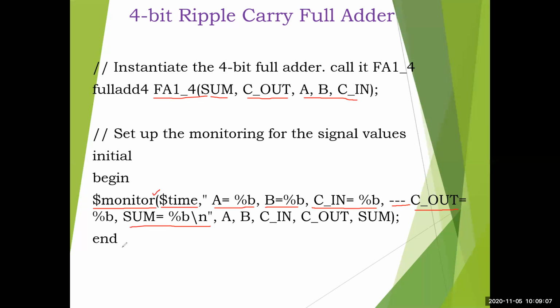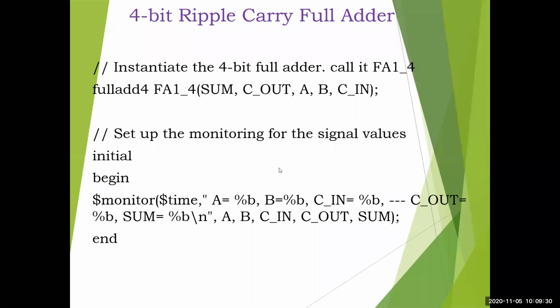In that same order, that's why that format is used, cout and then sum. So this is the monitor part, and this is the instantiating part. Now you have to pass a few combinations of input, a, b, cin.